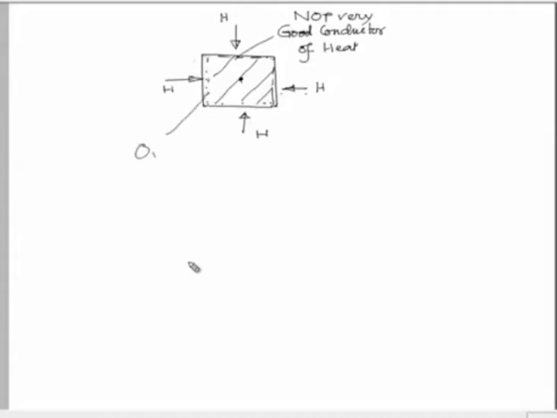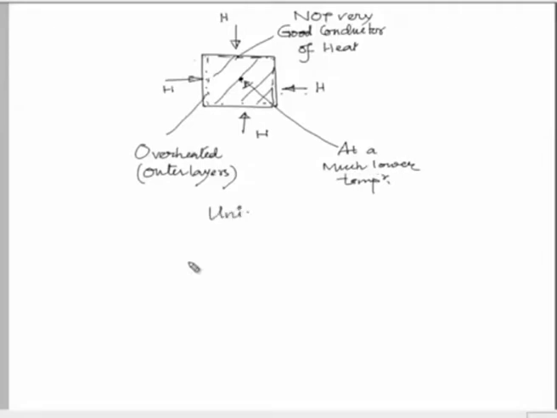There is a chance of these outer layers getting overheated. On the other hand, this point may be at a much lower temperature. That means the uniformity in heating is less.